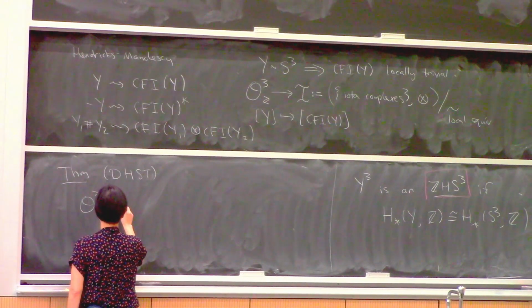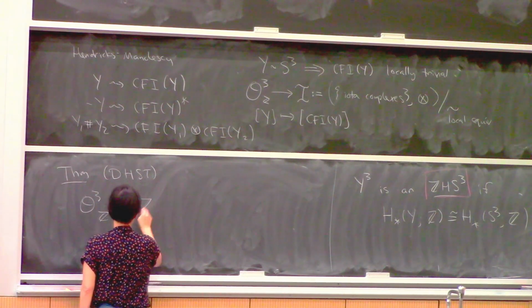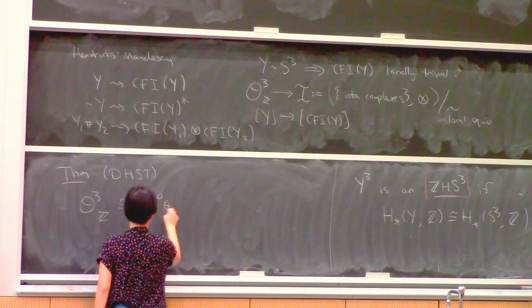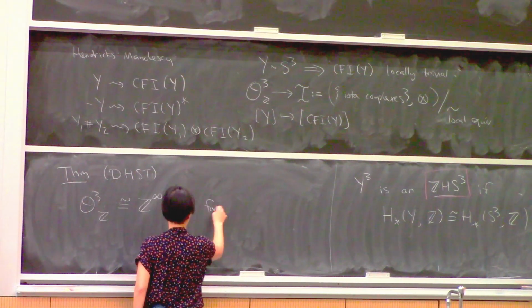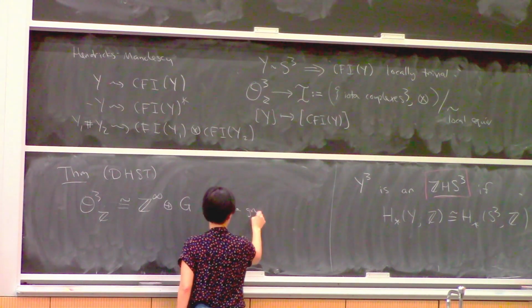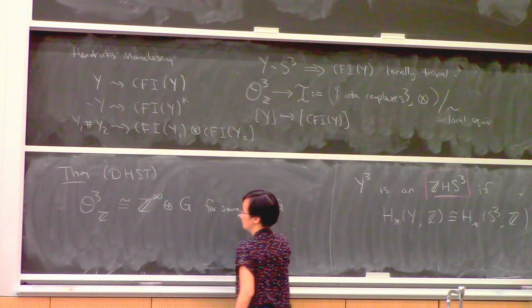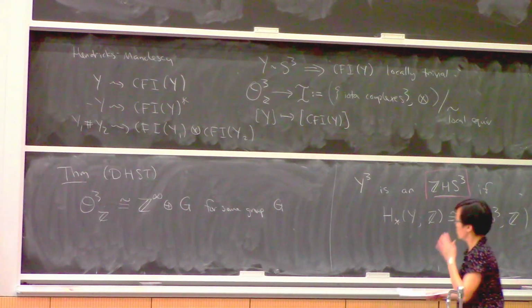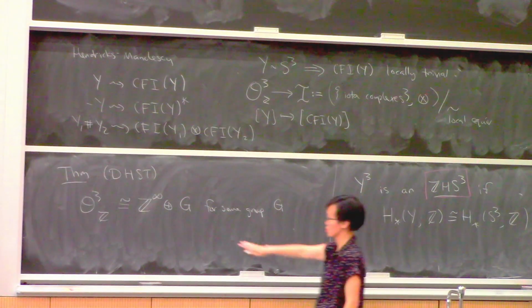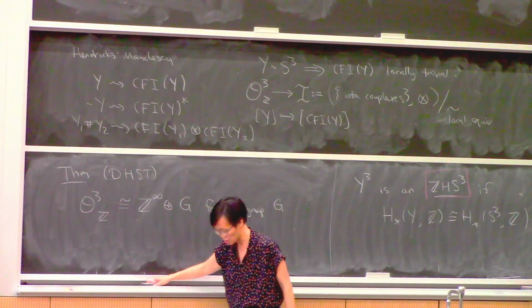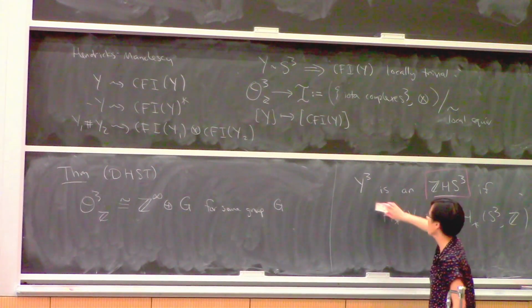The homology cobordism group is isomorphic to Z^infinity plus some other group G. Great. So this is the best known to date result about the structure of this group.